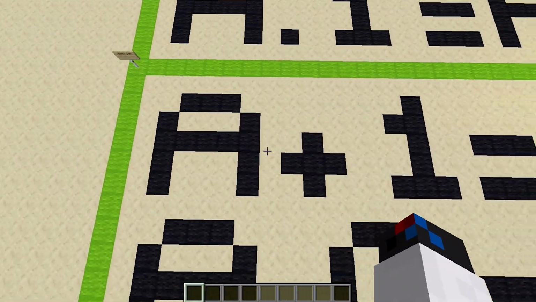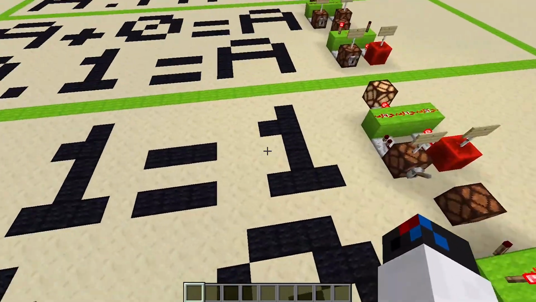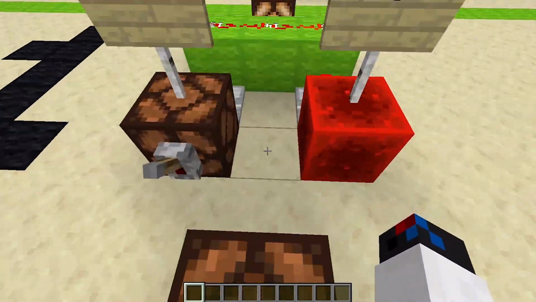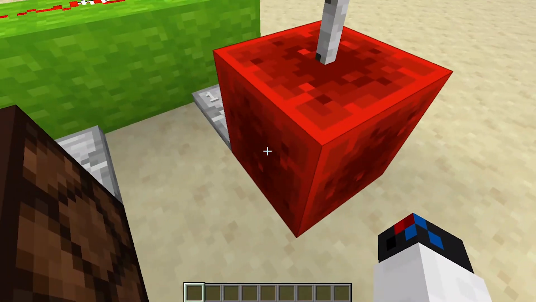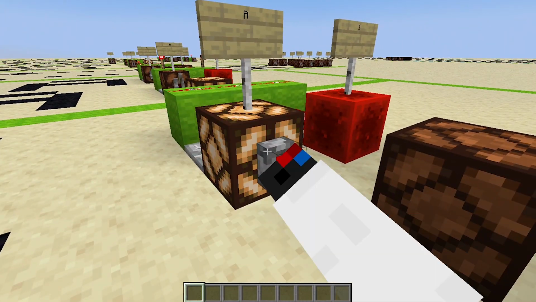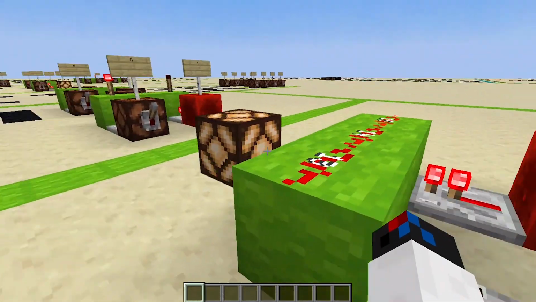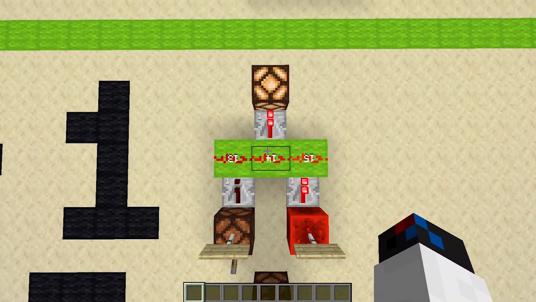This, however, is a bit different. With A or 1 equals 1, this is also true, because if you look over here, we input A here and we have a constant 1 here. No matter the input, we always get an output of 1. Looking at this redstone, you can clearly see why.